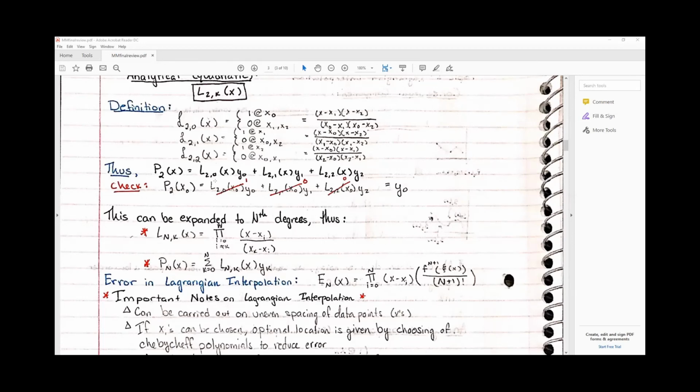So your L sub 2, 0, which is your 0th point interpolator, is multiplied by your evaluation of the function at your 0th x. I hope that makes sense. Same procedure: you multiply them through, and then you add all of these different terms together once you plug in the x that you're asked to interpolate. So that is that.